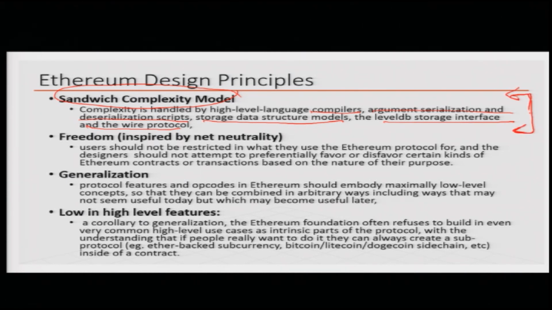This is not something that Bitcoin used. Bitcoin has a kind of monolithic complexity, and therefore the user who puts transactions has to know a lot more about the workings of the Bitcoin mechanism in order to write complex scripts.